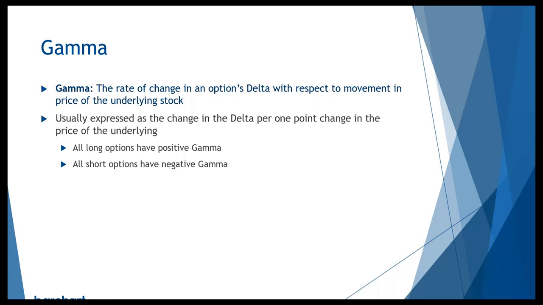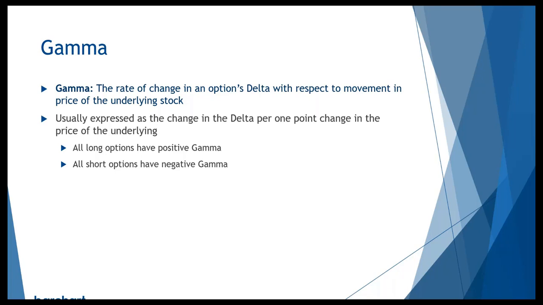Now, this is where gamma can be a little confusing, so let's see if I can add some clarity here. A positive gamma means that the delta of, let's say, a long call will become more positive and move towards a delta value of 1 or 100 when the stock price rises, and less positive and move towards 0 when the stock price falls.